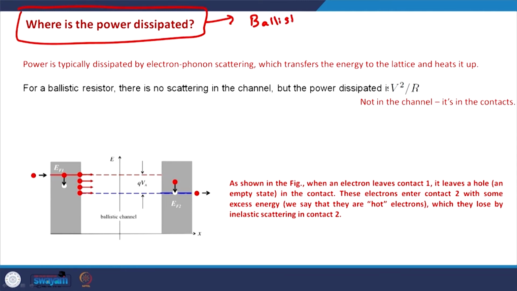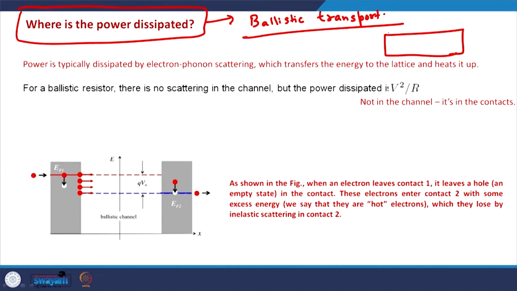Because in ballistic transport electron does not collide with anybody in the channel. So, if we have a 2D conductor like this, source drain, electron starts from here, it directly goes to the drain terminal without any collision in the middle. So, in such situation, where is the power dissipated?